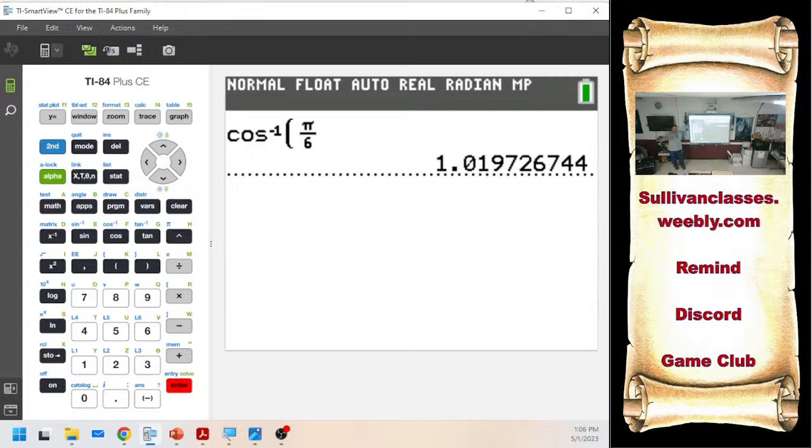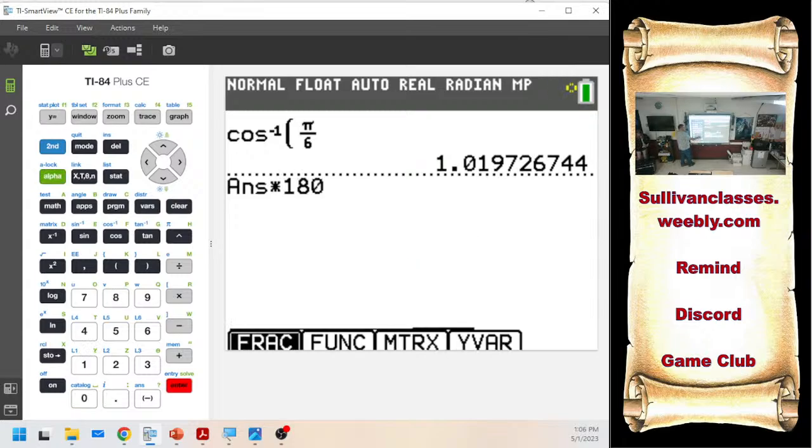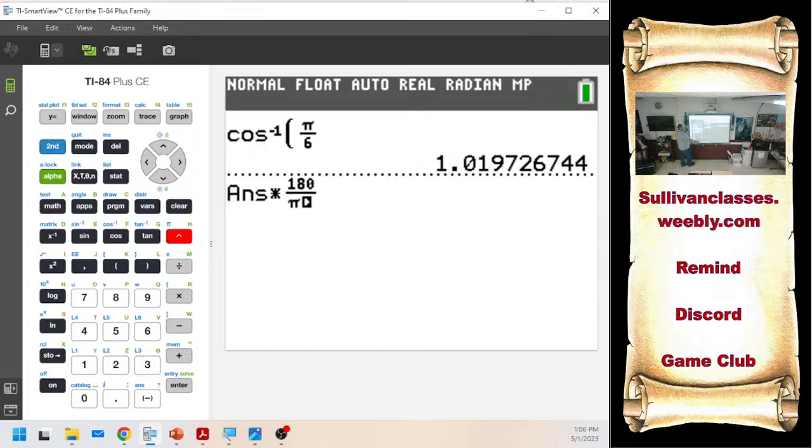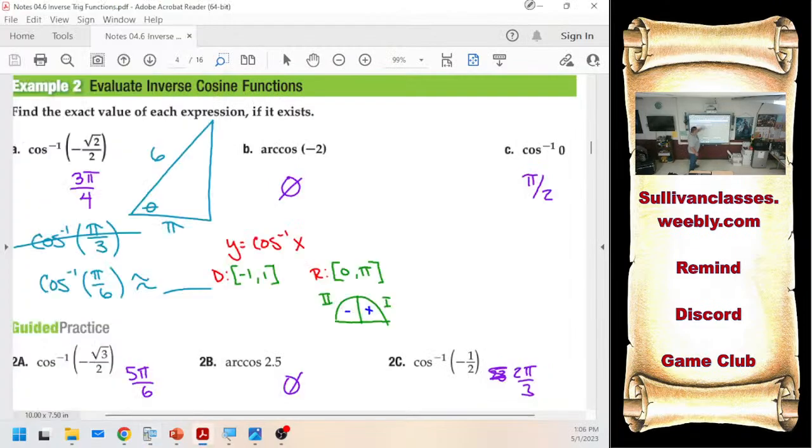It's going to tell me this much radian. Well, I don't want that much radian, so I'll take that many radians times 180 over pi. I could switch my mode and then redo it, yeah. But if I just convert over to degrees with my conversion factor, this was about 58 and change. So I'd either say about this many radians or about that many degrees.